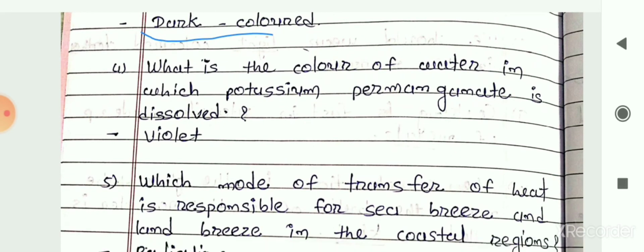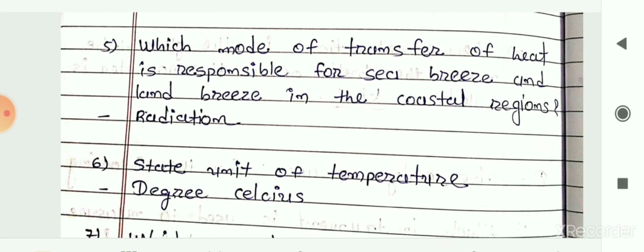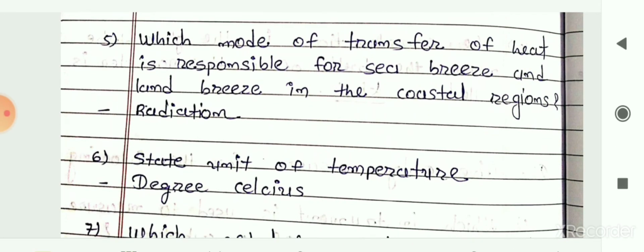Next is, what is the color of water in which potassium permanganate is dissolved? If you dissolve potassium permanganate in water, it will become violet in color. So your answer is violet. Next is, which mode of transfer of heat is responsible for the sea breeze and land breeze in the coastal region?